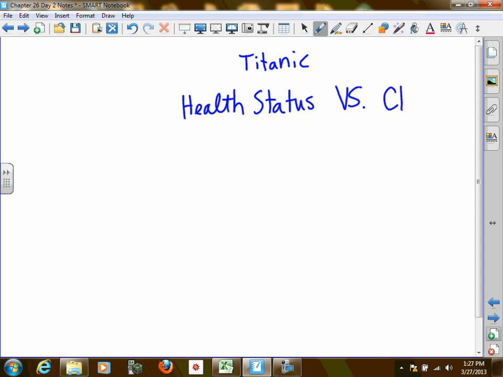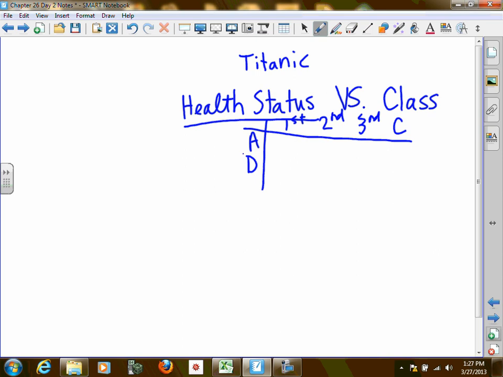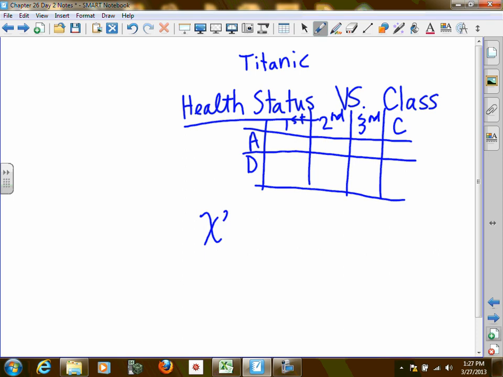The class of ticket that you had, whether you were first class, second class, third class, or crew. So there are 2 variables. You have dead and alive, and then you have first, second, third, and crew. So, a variable across the top and a variable across the side.